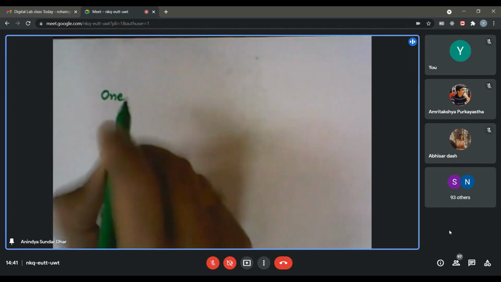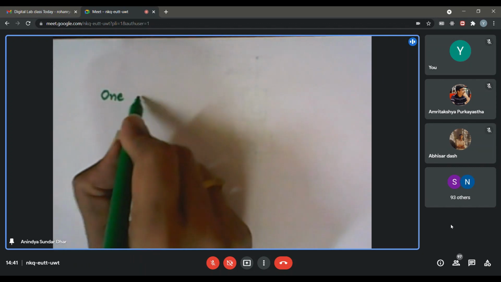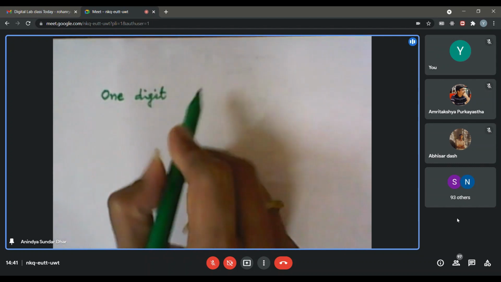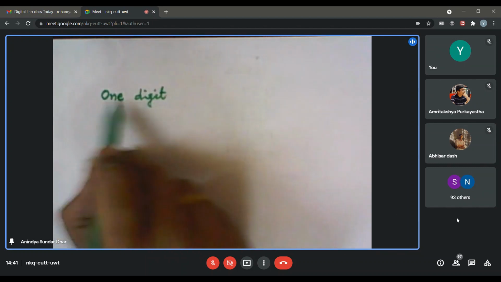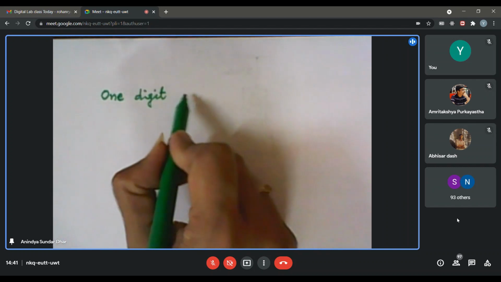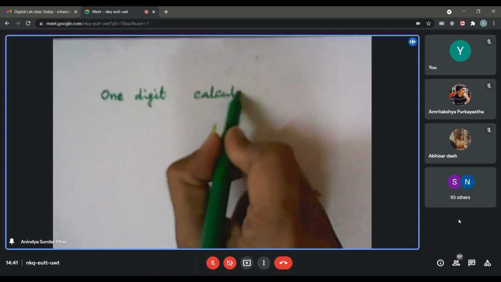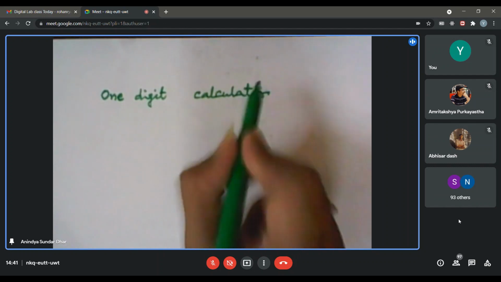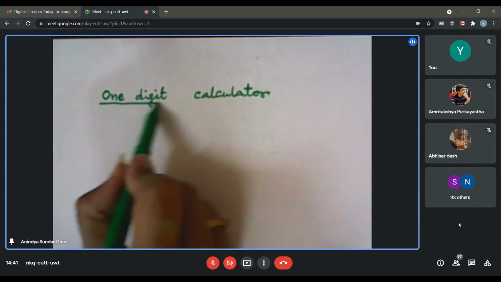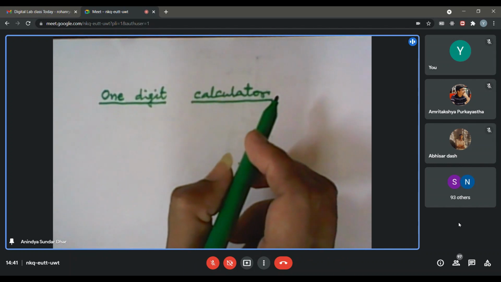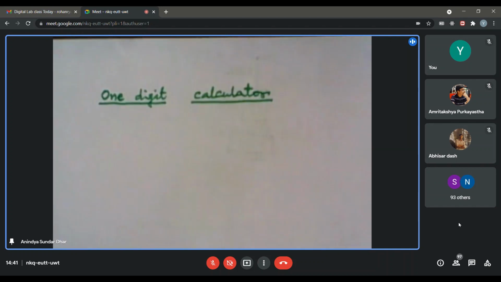But right now what we mean by a 1-digit calculator is that it will be able to add 2 single digits. So 1 digit means it cannot handle more than 1 digit at a time. You may certainly argue that it is nowhere near a calculator, and I would have to agree in that case. So anyway, if I say a 1-digit adder, that probably sounds better.